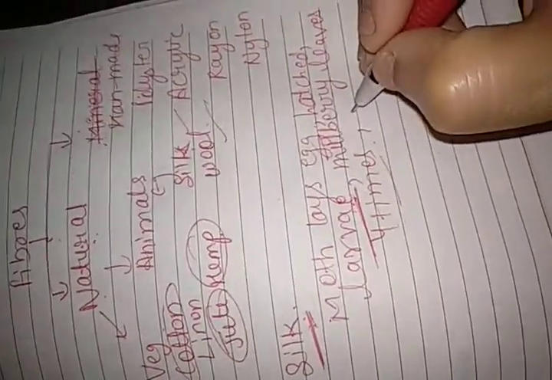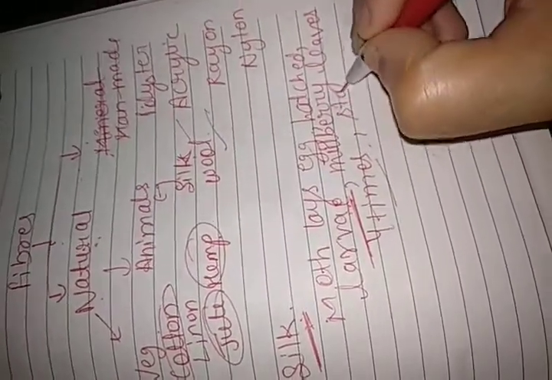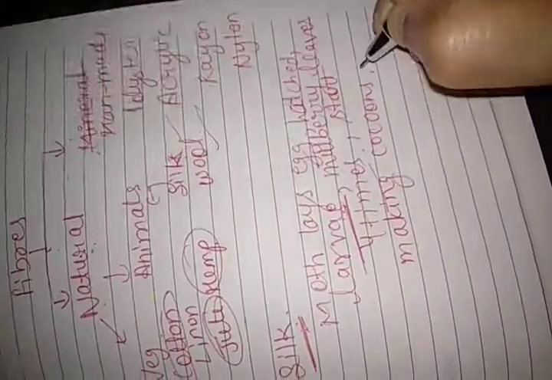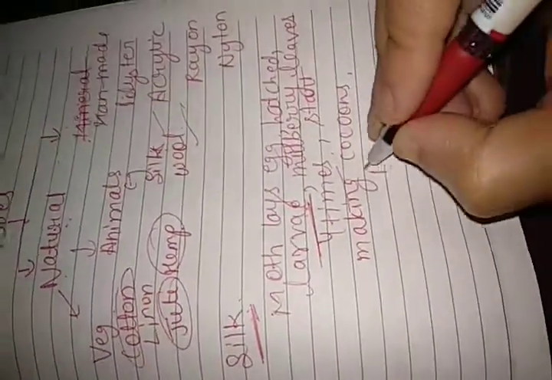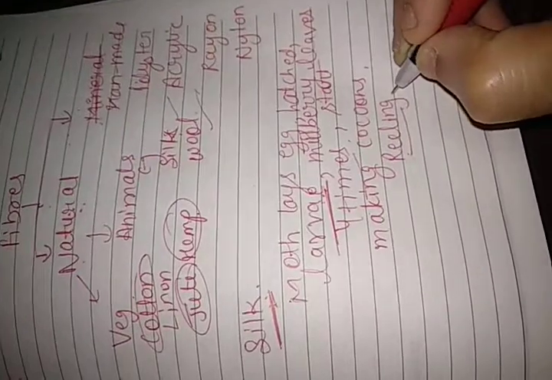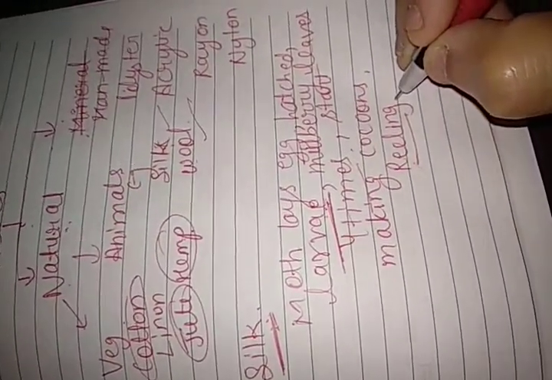Then they start making cocoons around themselves, and the farmers collect these cocoons, and the process is called reeling. So reeling is the process by which the farmer obtains the filaments or threads from the cocoons of the silkworm.